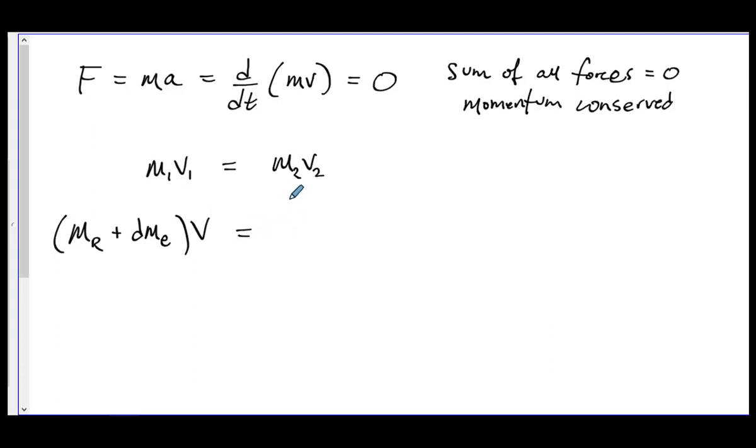And then at a later state, a second point in time, I'll express that as the mass of the rocket times velocity, but some change in velocity, plus some momentum due to the exhaust that's been expelled. I'll write that as the differential amount of mass times some velocity due to the exhaust, the actual velocity of that exhaust.